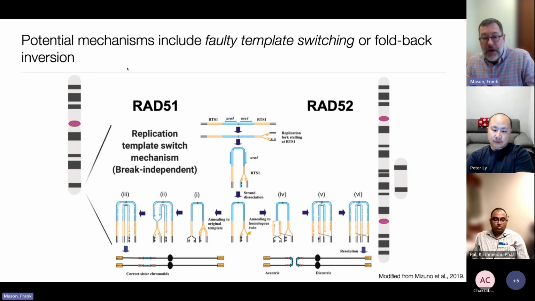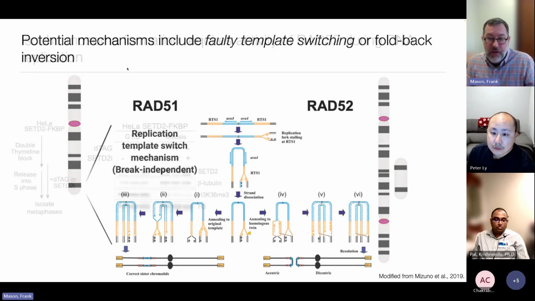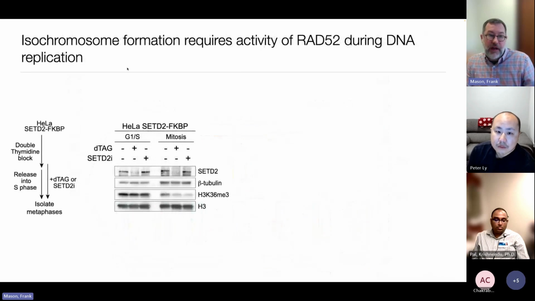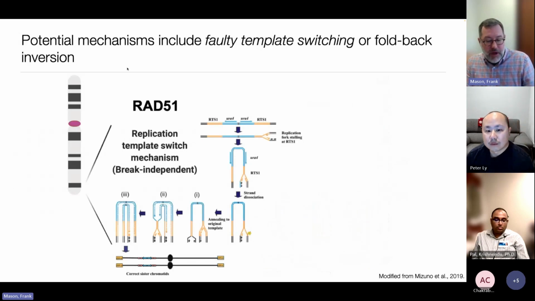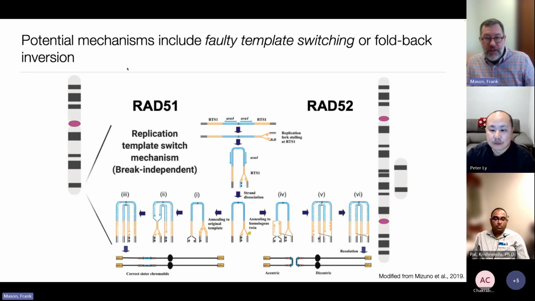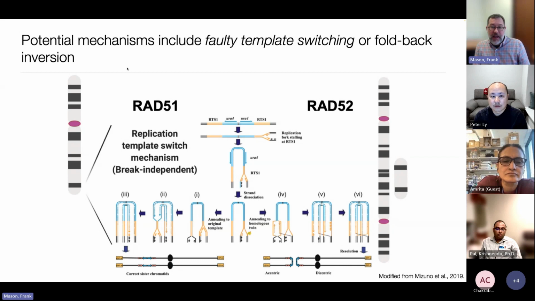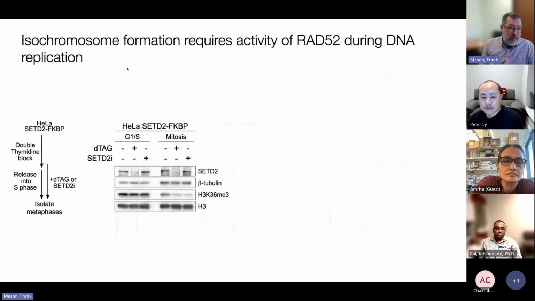It requires less homology for re-annealing, so it can anneal to nearby inverted repeats and promote essentially a U-turn in DNA replication, leading to an iso-acentric or an iso-dicentric chromosome. I should say that this model would propose that these isochromosomes are forming during DNA replication and downstream of Rad52 activity. So we tested those two possibilities.